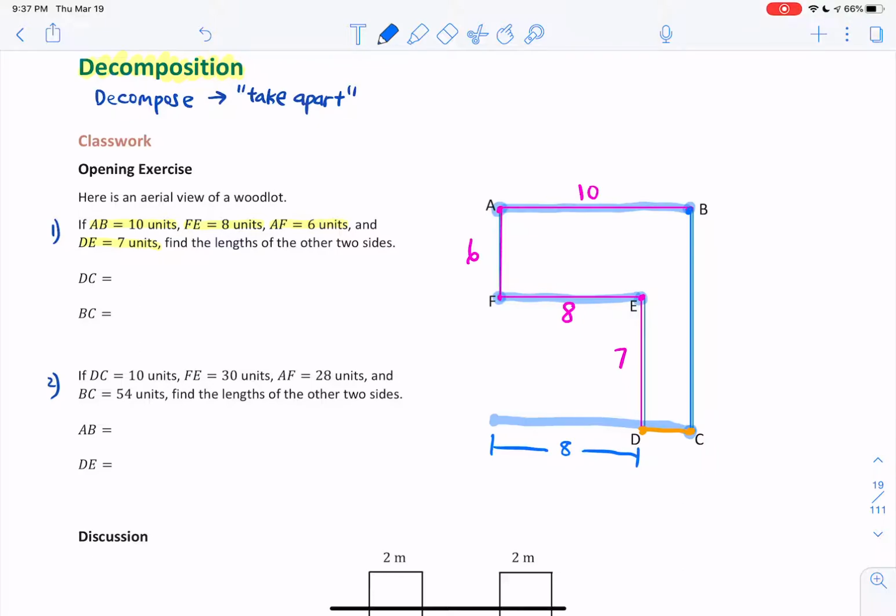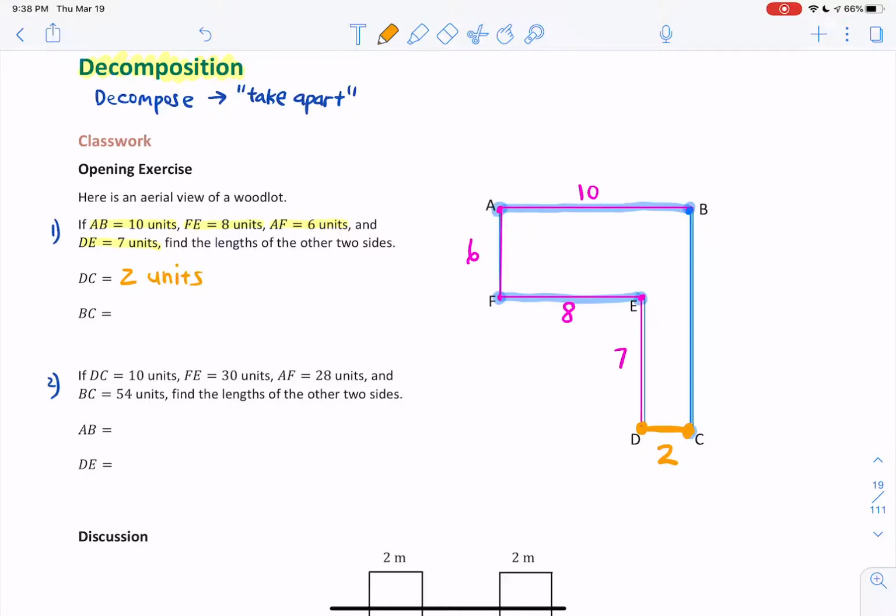If I know the whole length is 10 and that section is 8, the section I care about, DC, must equal 2. Right? 8 plus 2 equals 10. I'm going to erase this so that it's not cluttered. Hopefully you're using a pencil. So there we go, DC equals 2 units. I'm going to label that over here on the left.